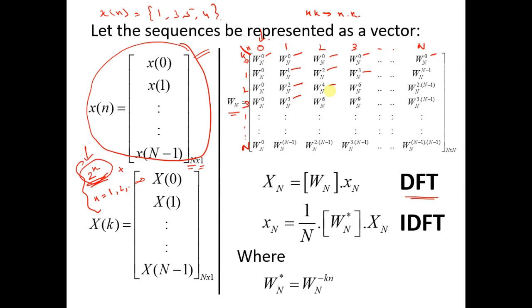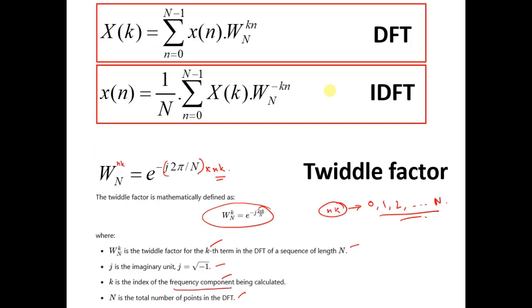Okay. Now these points, whatever we are talking about, if you look into the twiddle factor matrix, it is basically in a complex plane.